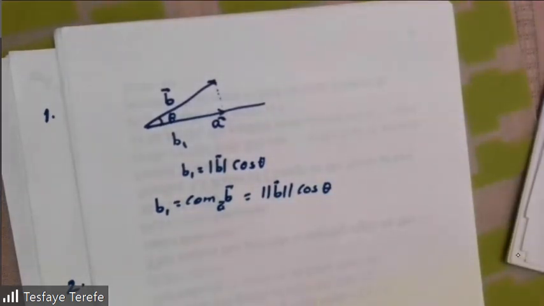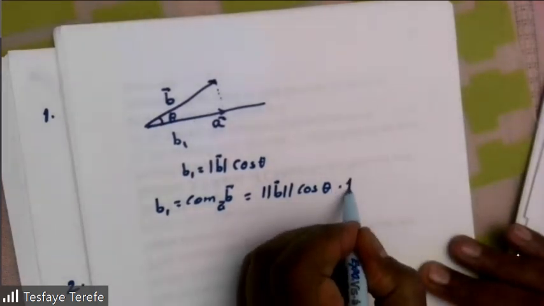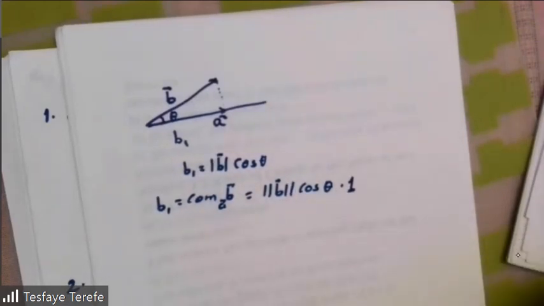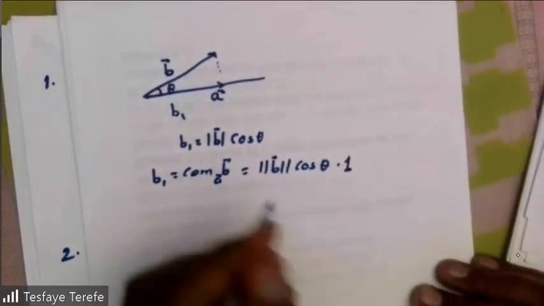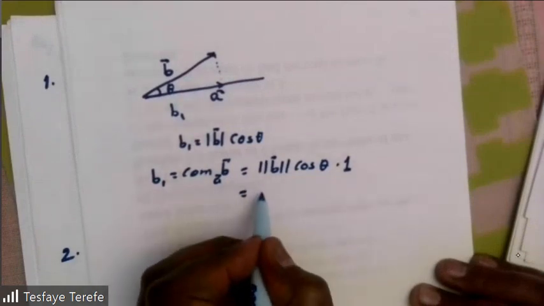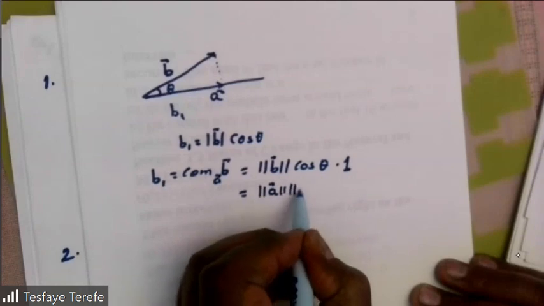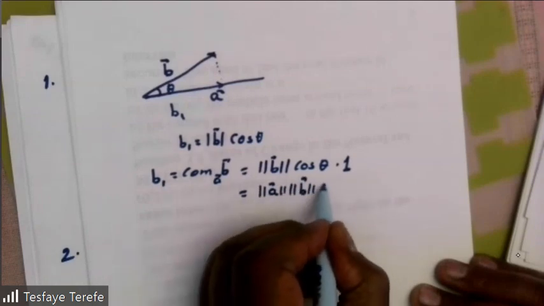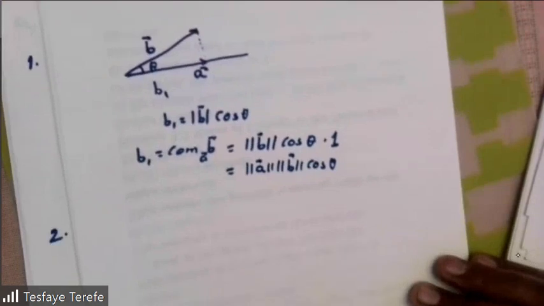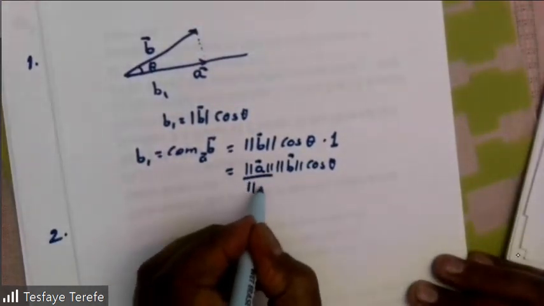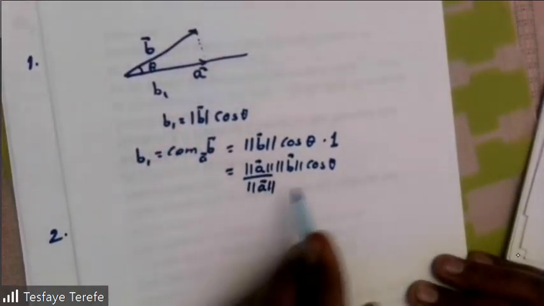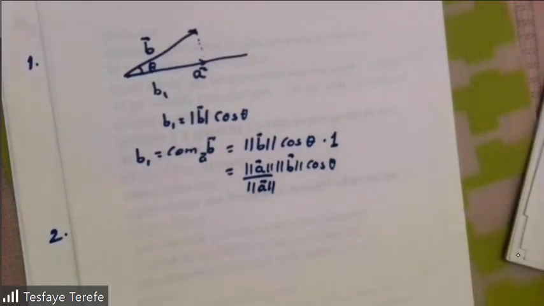Okay, now from unknown to the known, I want to take it. If I multiply this quantity by 1, this expression will not be changed. So can I write this as norm of A multiplied by norm of B cosine of theta, divided by norm of A? Norm of A over norm of A is 1, and this is the original that I get.